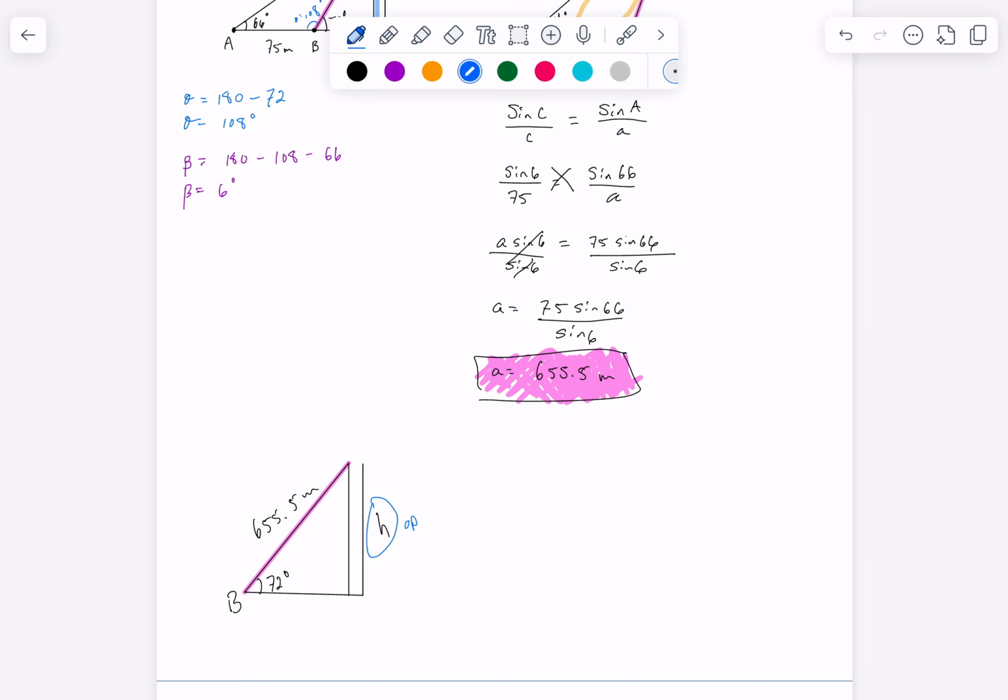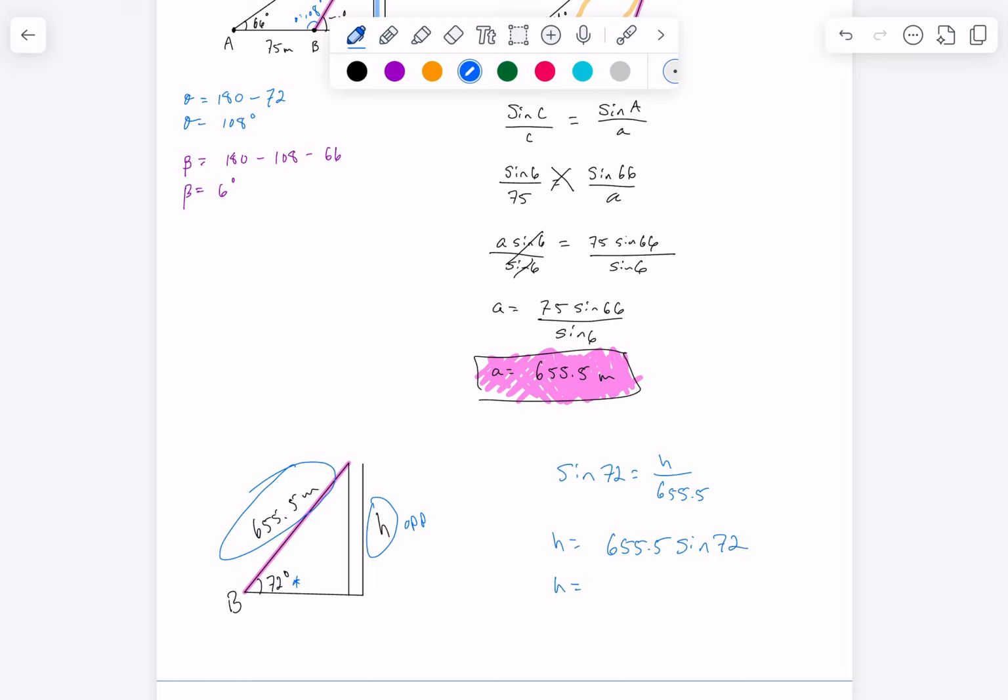And so what you're interested in is solving for the height, right? The height is the opposite side length against the angle 72, and 655.5 is the hypotenuse. So I can go sine of 72 is going to be equal to opposite h over 655.5. And so h is going to equal 655.5 sine 72.